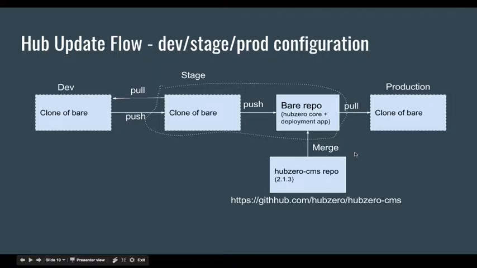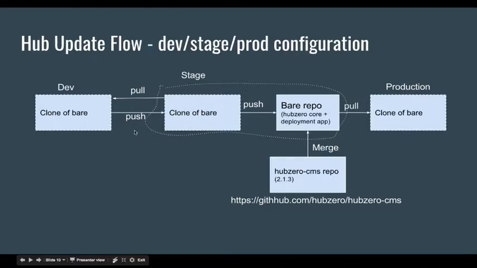The other configuration that we have right now is we put a stage host in the middle of dev and production. It's the same thing that happens. We merge in the core with the bare repository, and it automatically merges with the clone of the bare repository.